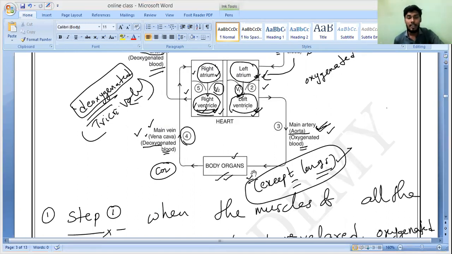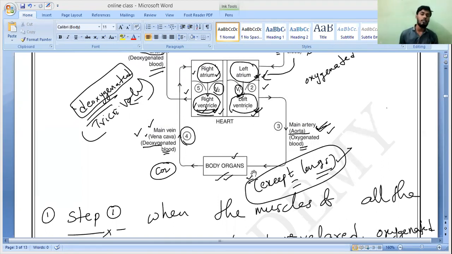When the right ventricle contracts, the last step, the deoxygenated blood is pumped into the lungs through which artery?